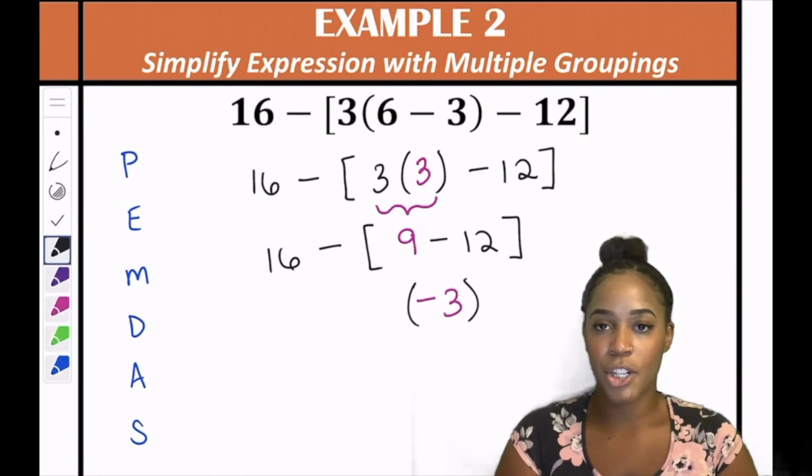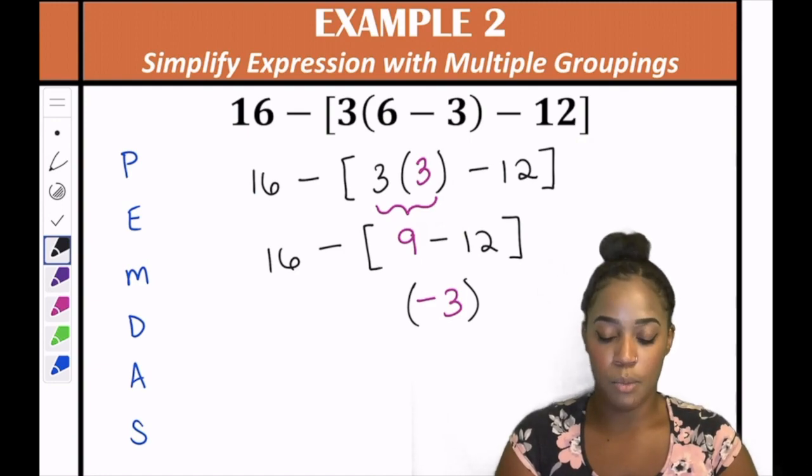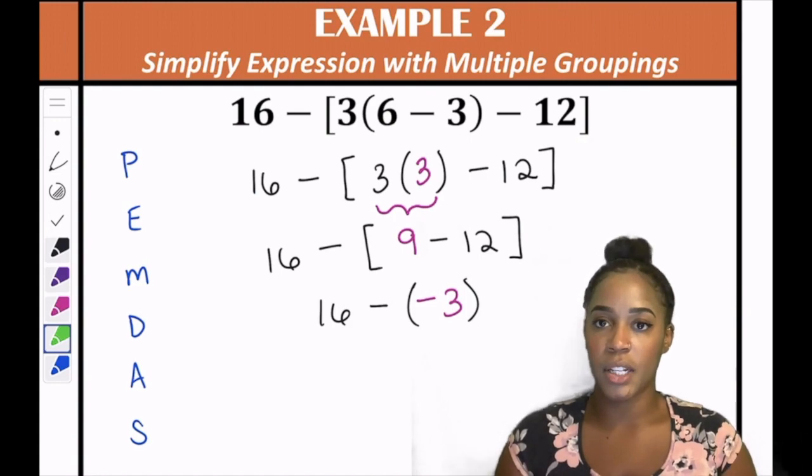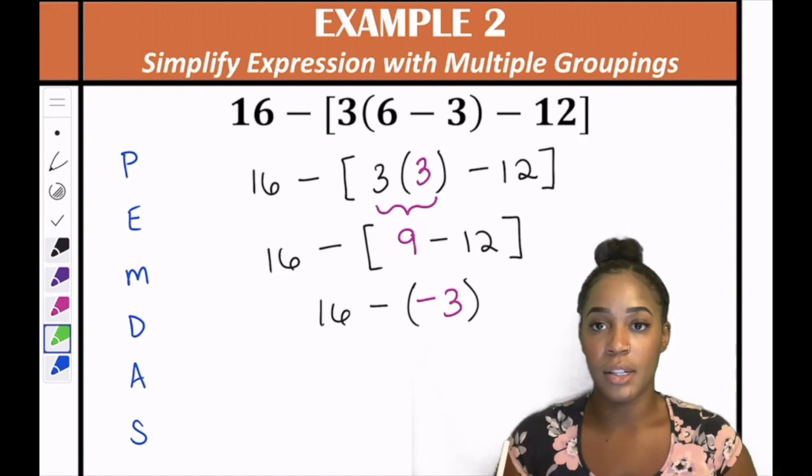And I'm gonna change them back to curved parentheses because I have no other parentheses that I'm worrying about. Now we're faced with a little bit of a dilemma. We have a minus sign or a negative sign outside of parentheses with a negative number inside the parentheses.